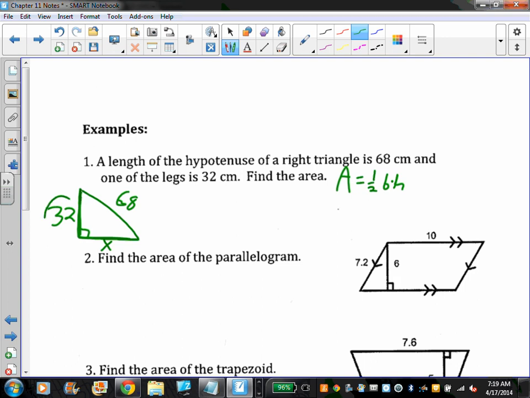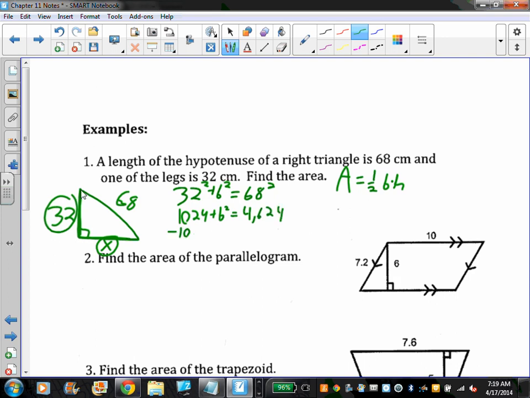A squared, we could say 32 is A, x is B. So we'll have 32 squared plus B squared equals 68 squared. 32 squared is 1024 plus B squared equals, and 68 squared is 4,624.